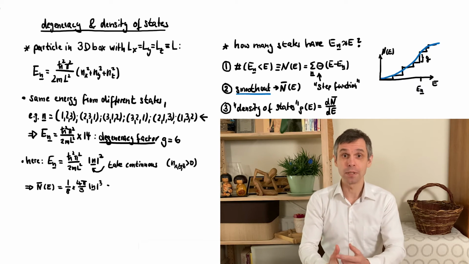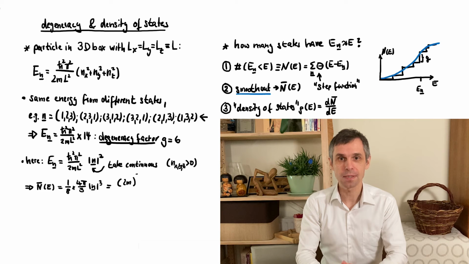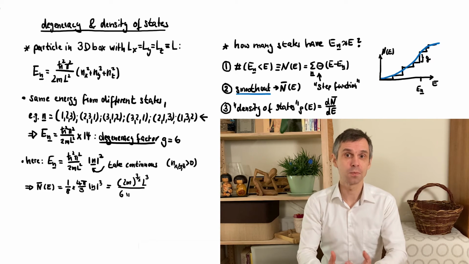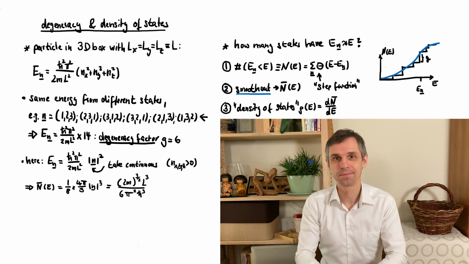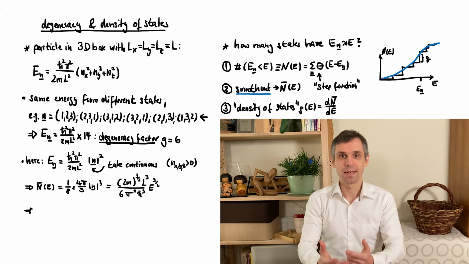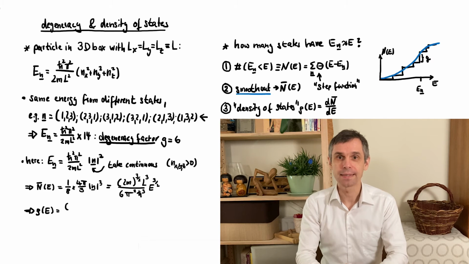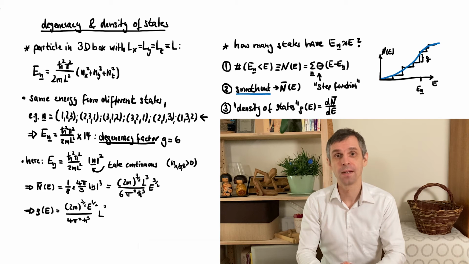Now you can read the relation between energy and n backwards and express this in terms of the energy, which gives you the already smoothed out number of states. And finally, we take the derivative to get the density of states. So this is our final result.